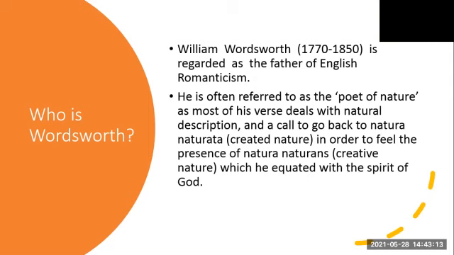So you can see he was born in the last quarter of the 18th century, and he died in the mid-19th century. The importance of William Wordsworth is that he's always regarded as the father of English Romanticism.